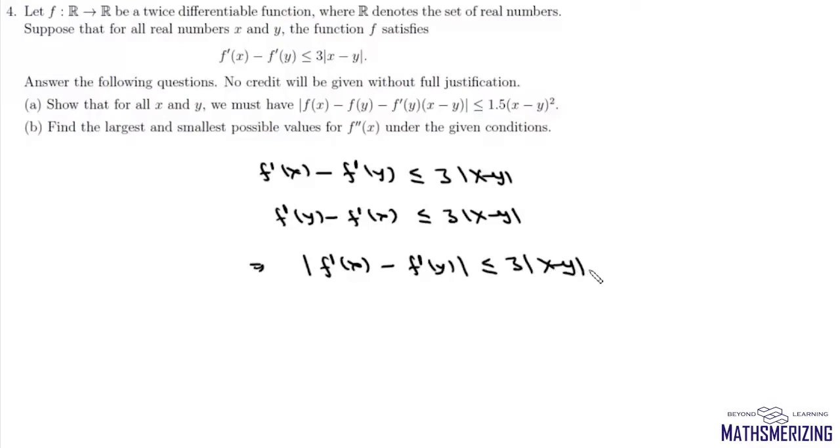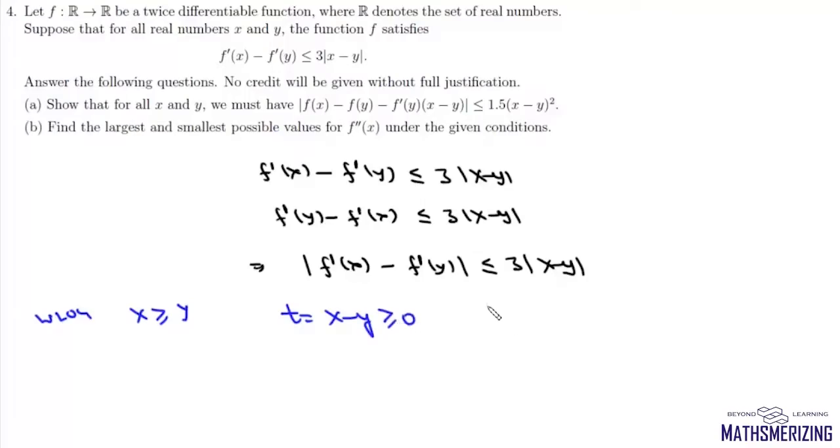Now without loss of generality, we will assume that x is greater than or equal to y, and when we fix x and y, we will define t as x minus y, and this t will be greater than or equal to 0.